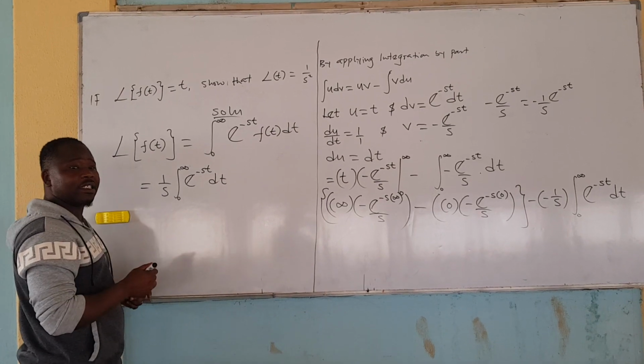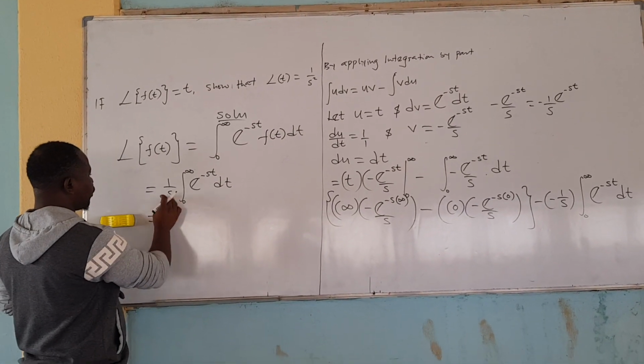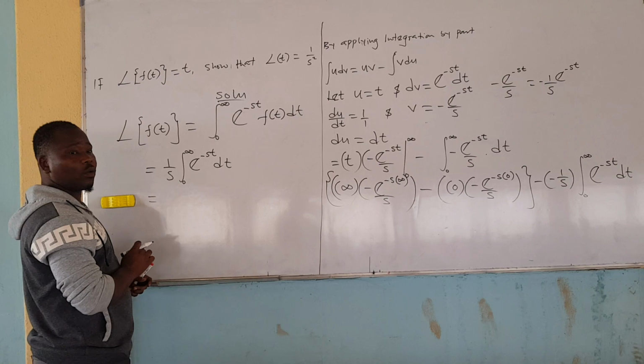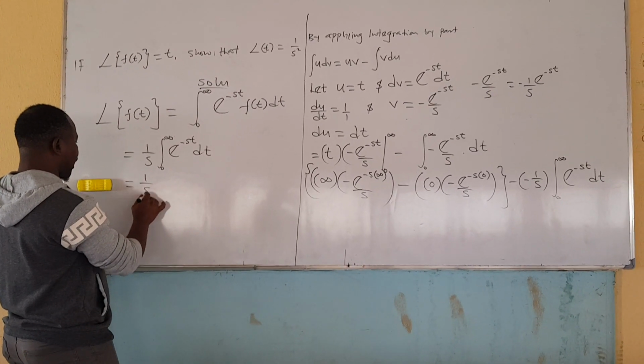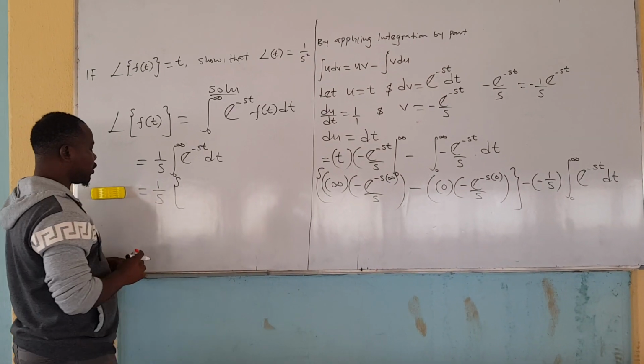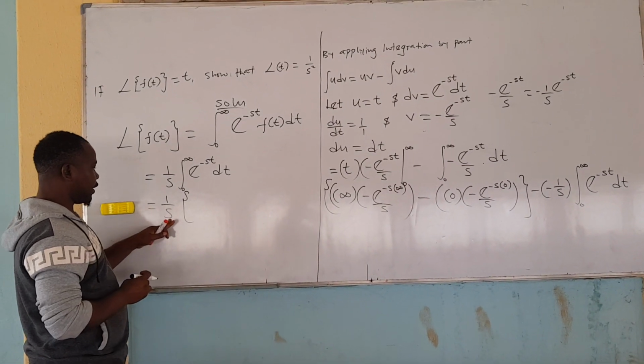Let us integrate this function. We are going to hold this 1 all over s constant by leaving it this way, 1 all over s. Let us close with the brackets.